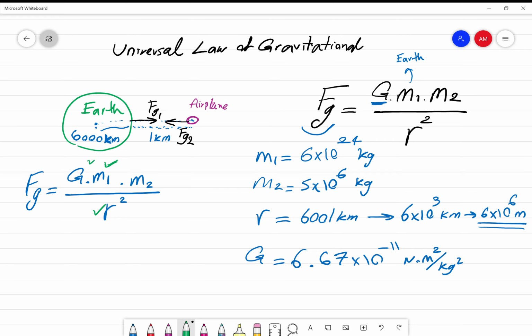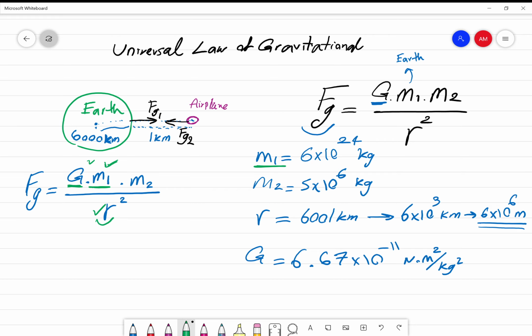So the value of G and the value of M1, whenever we're calculating the gravitational field between Earth and something else, okay? In this case, it's Earth and airplane. We could be doing Earth and me, Earth and an apple, Earth and a book. So Earth and something else. Mass 1 always going to be the mass of Earth. That's not going to change. G also is always 6.67 times 10 to the negative 11. So far, do you agree?